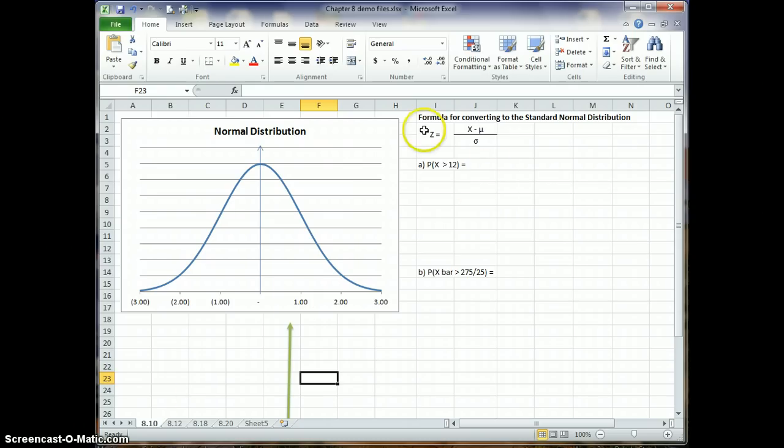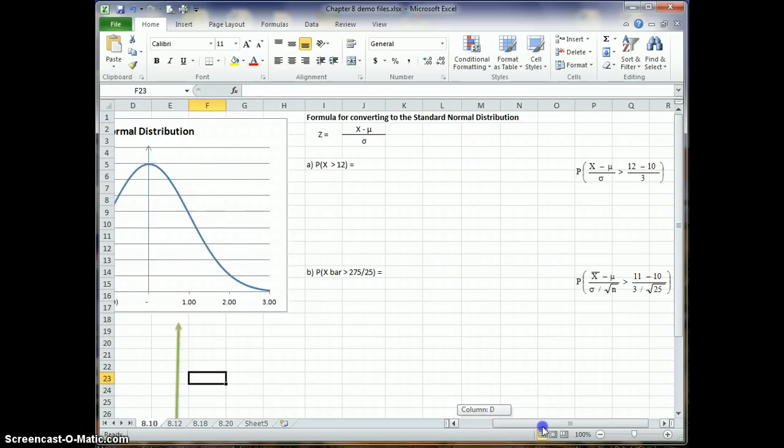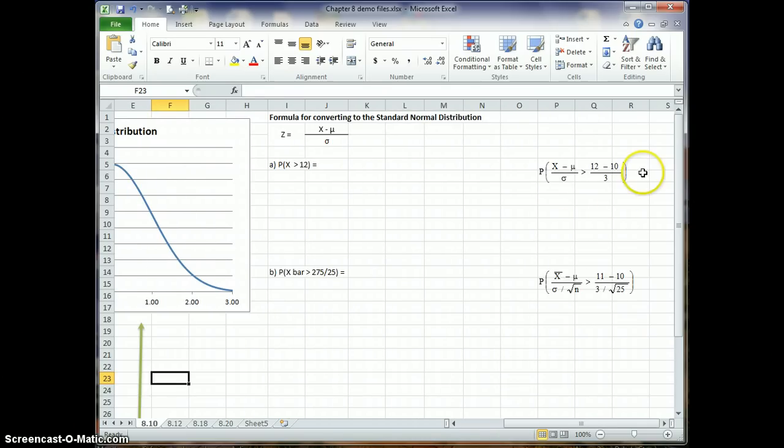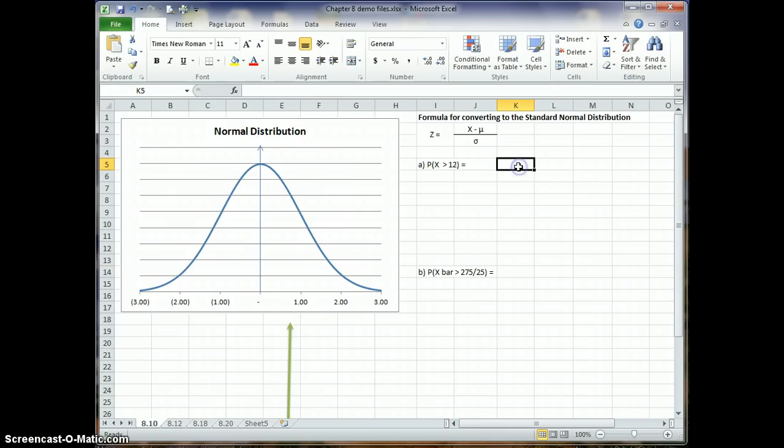So we've got our formula z equals x minus mu divided by sigma, or the standard deviation there. If I scroll over here a little bit, you can see I've got that laid out. So the probability of being greater than 12 is 12 minus 10 divided by 3. I'm just going to do that calculation right here.